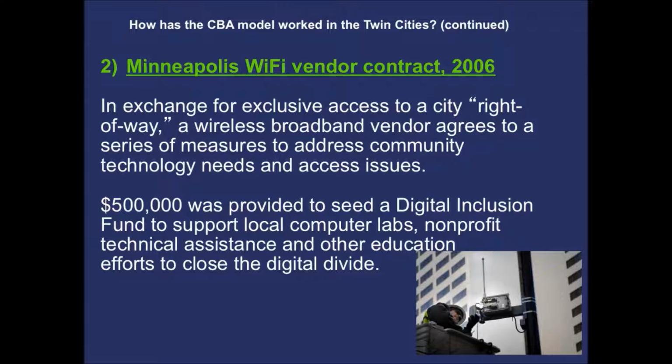So in the case of the Minneapolis Wi-Fi contract, it wasn't apparent to the eye immediately what the public subsidy would be, and therefore the leverage point for community benefits. But the city council members knew what it was, and that is the Wi-Fi vendor was looking for access to a public right-of-way to set up their transmitter and receiver boxes.